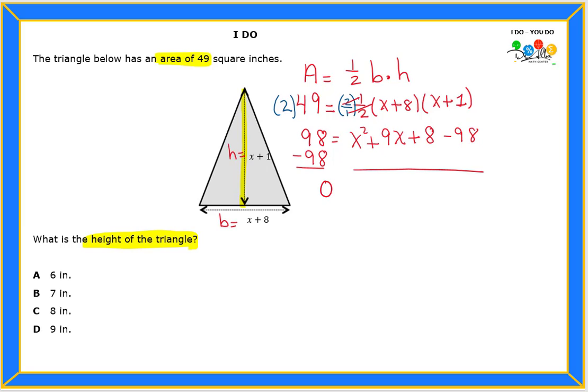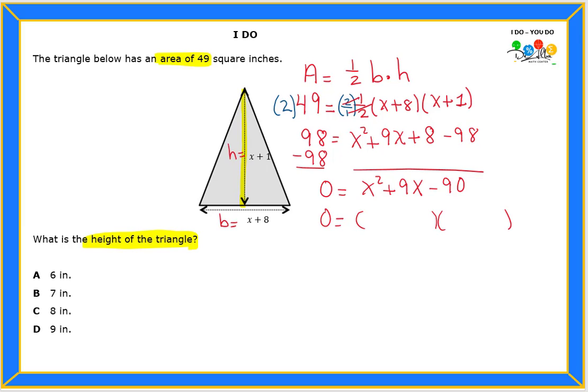Okay, so I got 0 equals x squared plus 9x. And I'm going to subtract 8 minus 98. And I am going to get 90, right? And it's a minus 90, okay? So what I need to do now is I need to find the factors, okay?